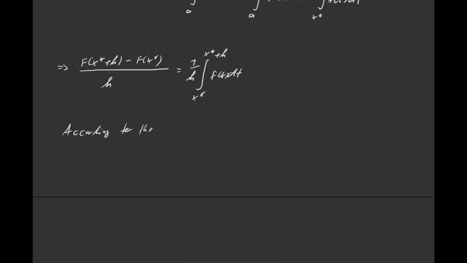According to the mean value theorem of integration, there exists a point in the interval that we integrate over, so in this case between x star and x star plus h.